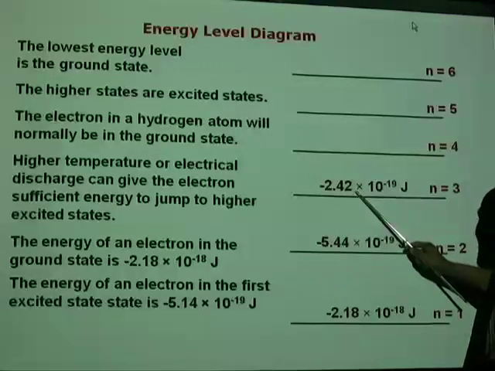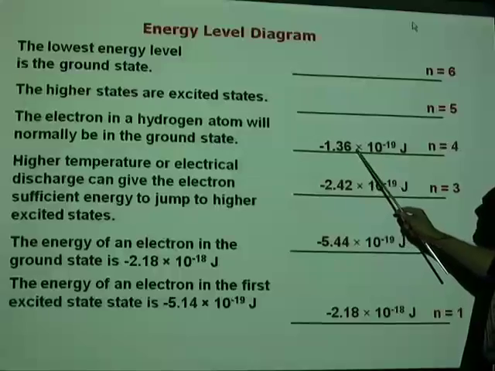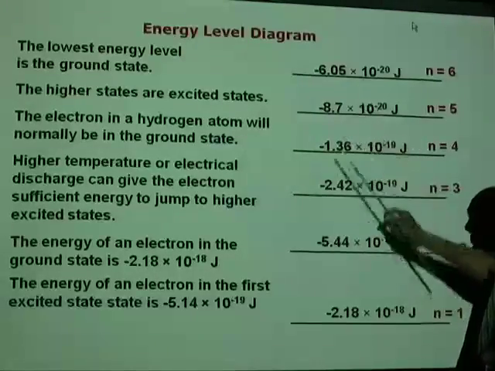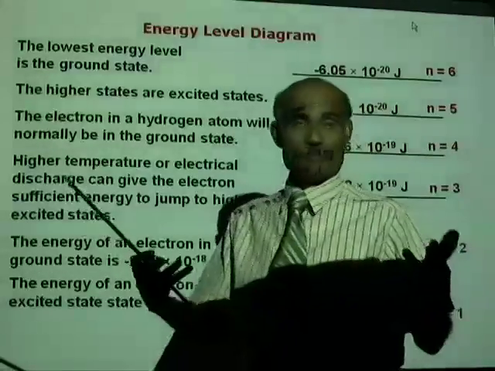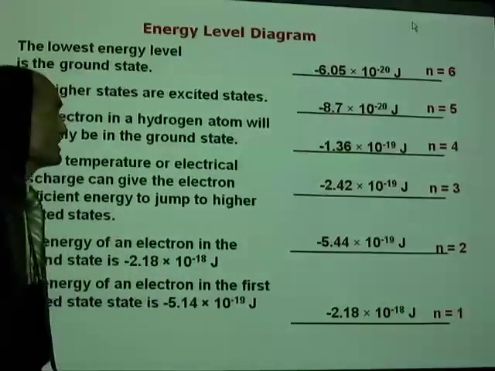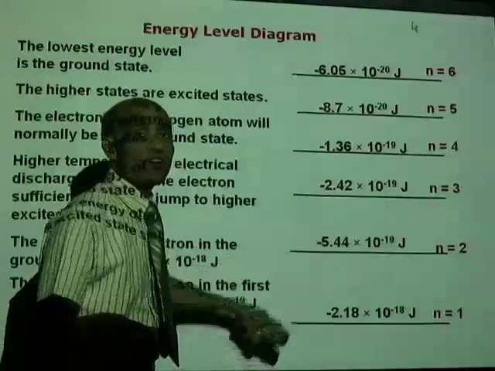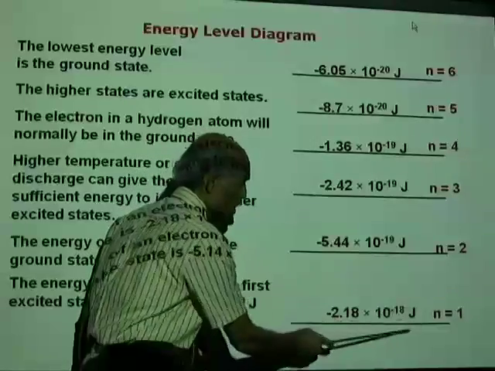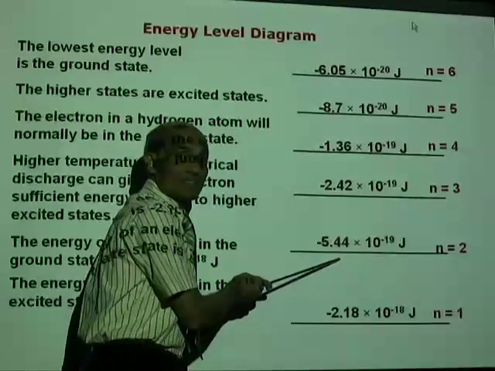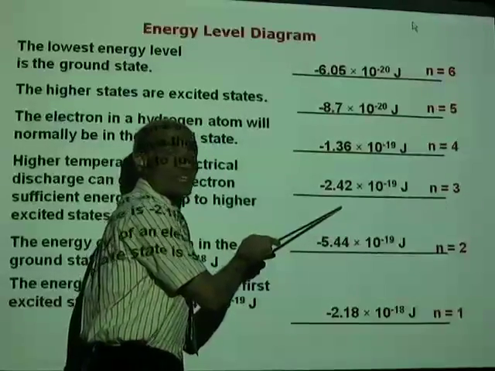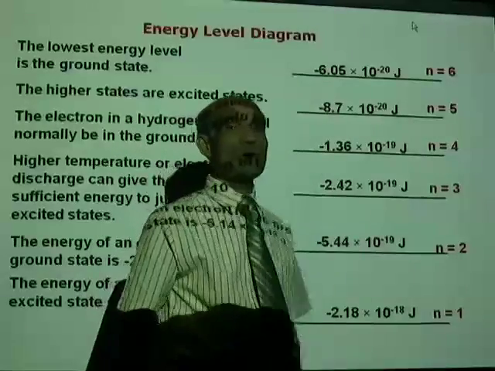And for the third excited state, I have the energy all calculated. You can actually check this. You can put values in that equation and check these energy values. The energy of the electron in the ground state, the first excited state, the second excited state, and so on.